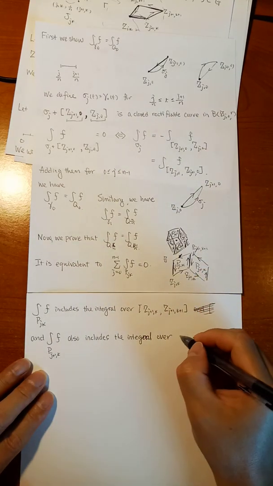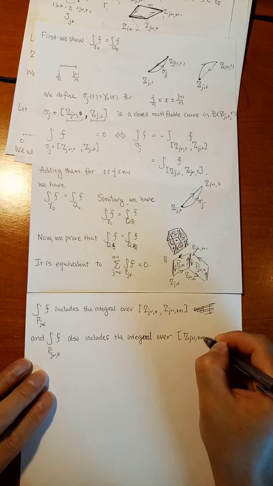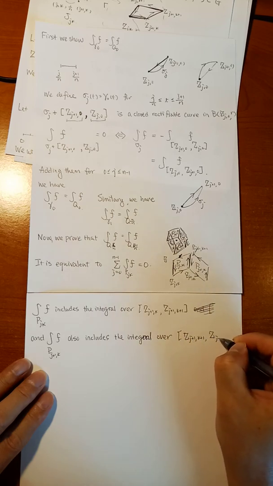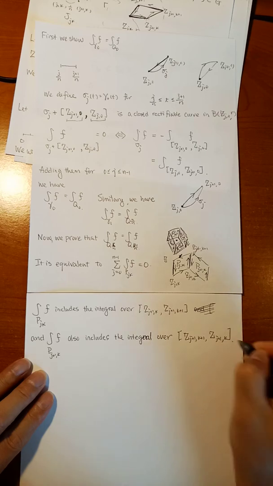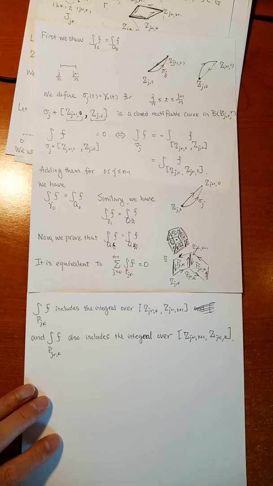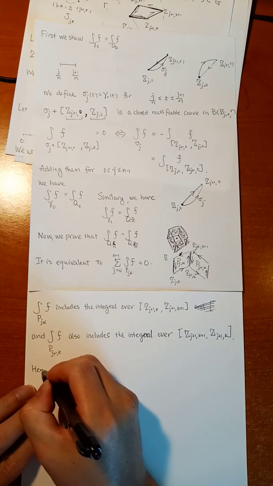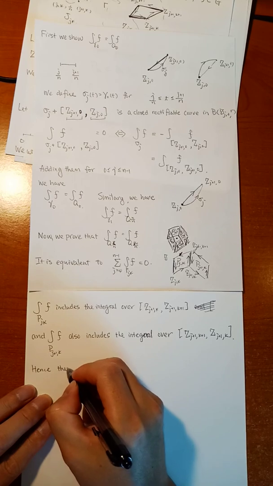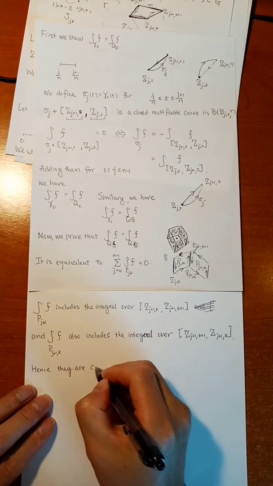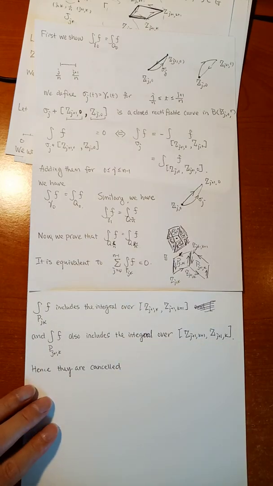Over the opposite direction, from zj plus 1k plus 1 to zj plus 1k. They integrate in opposite directions, and hence they are cancelled. They have different directions, they are cancelled.